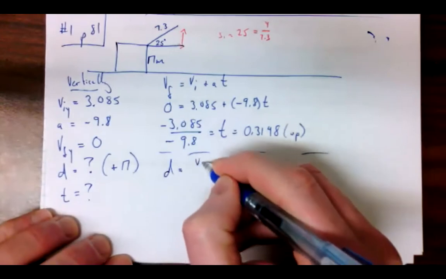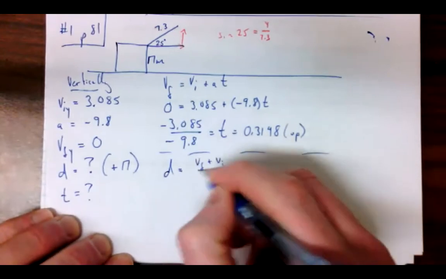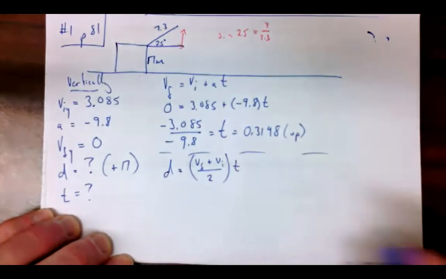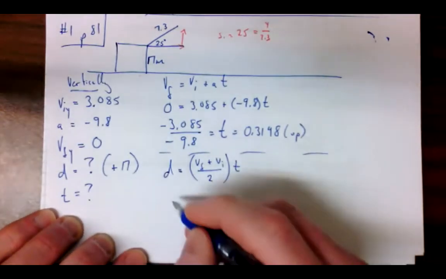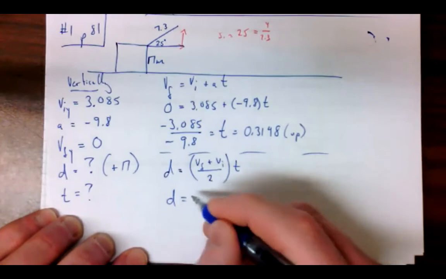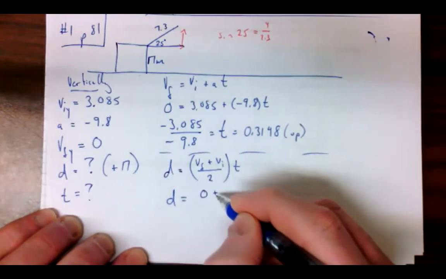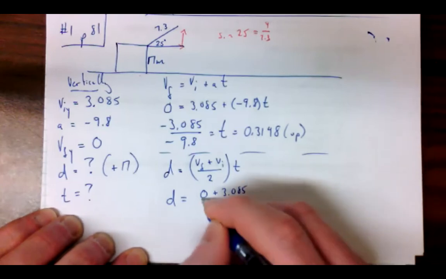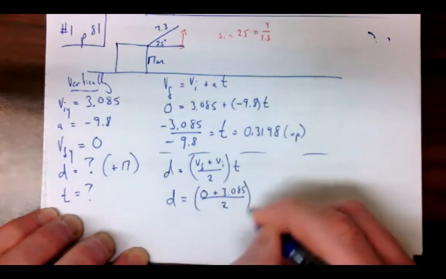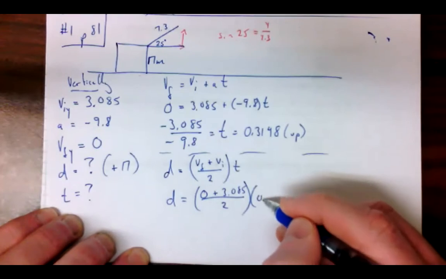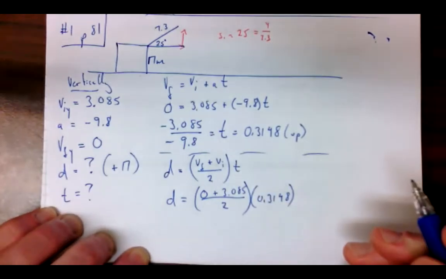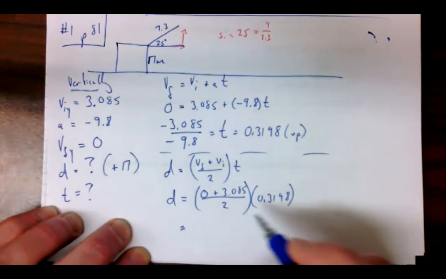D equals VF plus VI over 2 times T. Final velocity 0. Initial velocity 3.085. Divided by 2 times 0.3148.